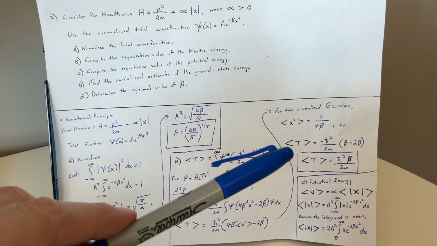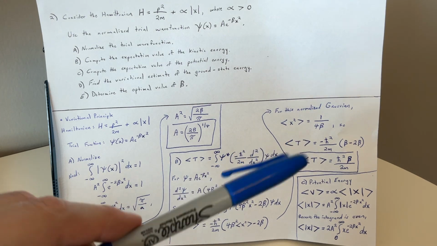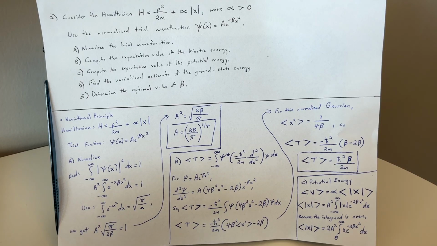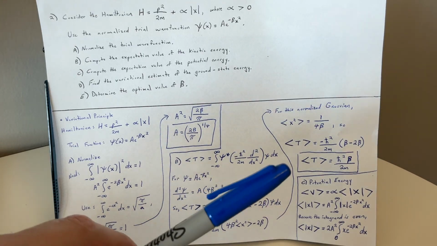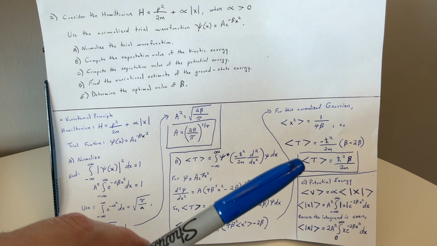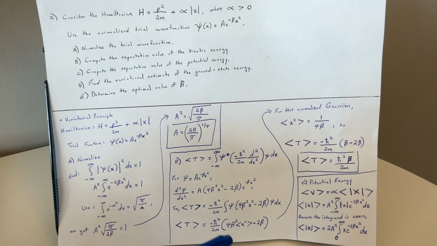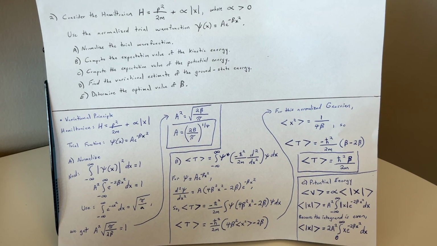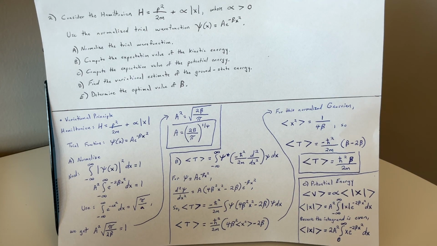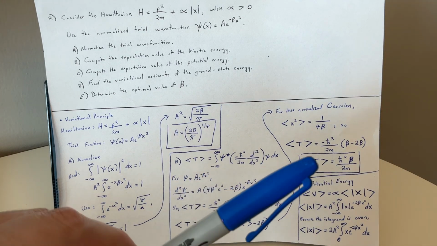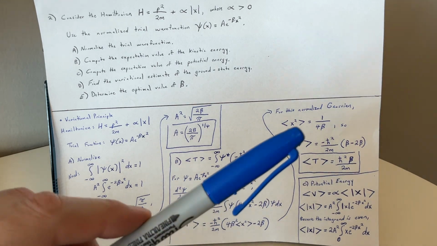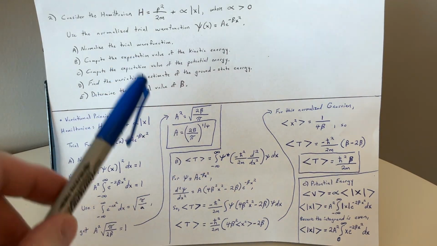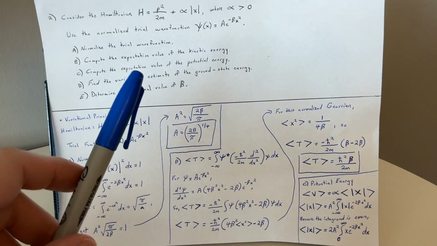And so the expectation value of T is negative h bar squared over 2m times the quantity beta minus 2 beta. So our expectation value of T in this situation is just h bar squared beta over 2m. That's for letter B, the kinetic energy's expectation value.